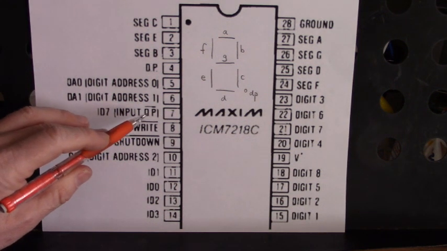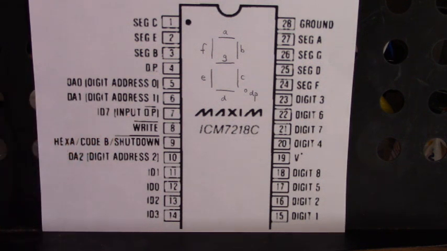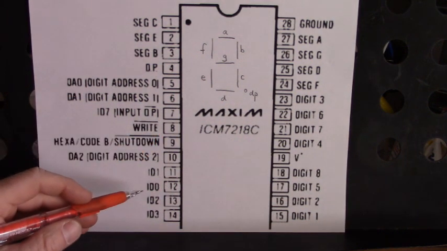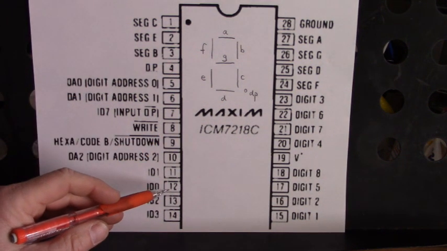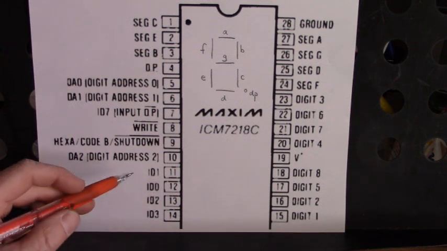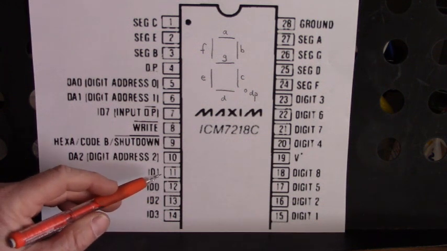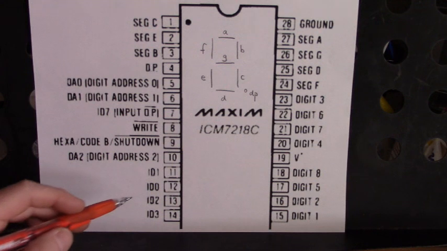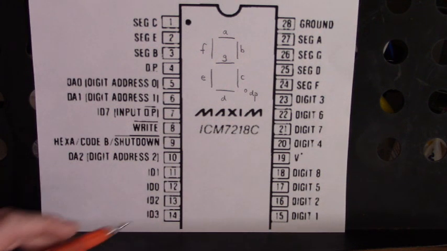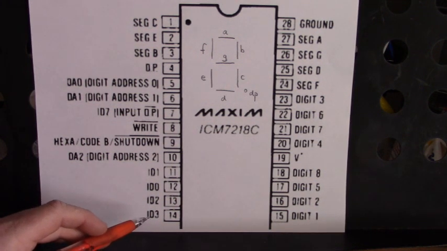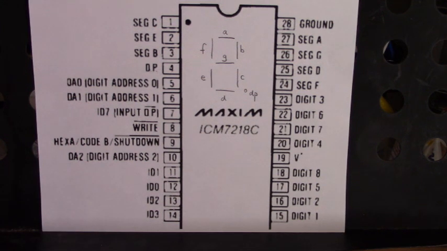Input data 7, the decimal point. This input determines whether the decimal point is on or off. That's on pin 7. Input data 0 is on pin 12. Input data 1 is on pin 11. Input data 2 is on pin 13. And input data 3 is on 14.